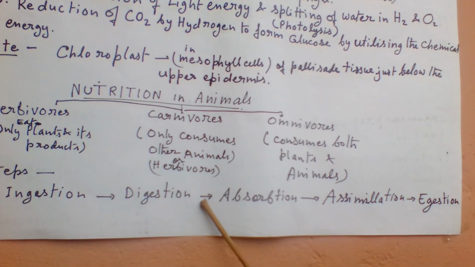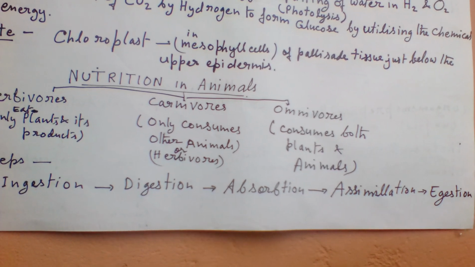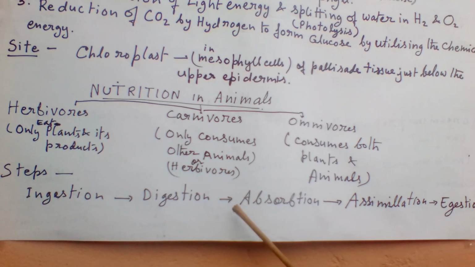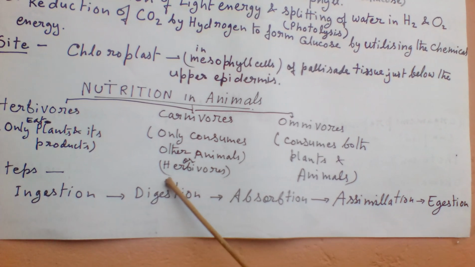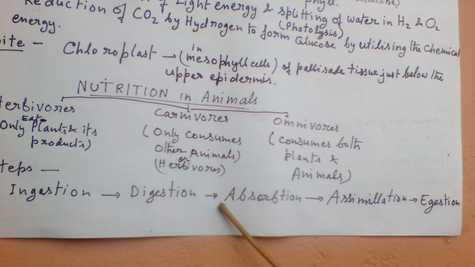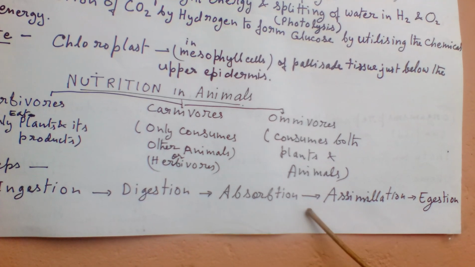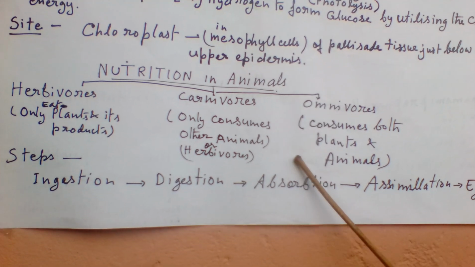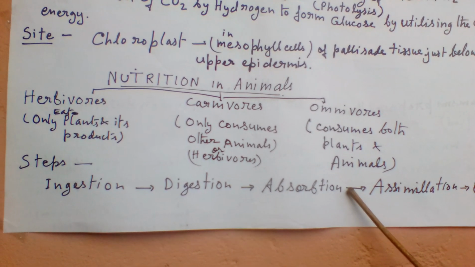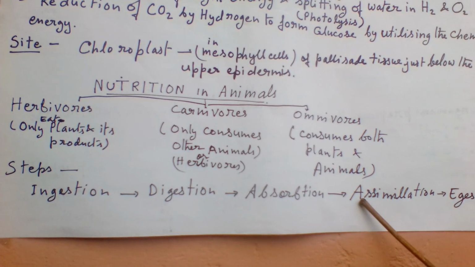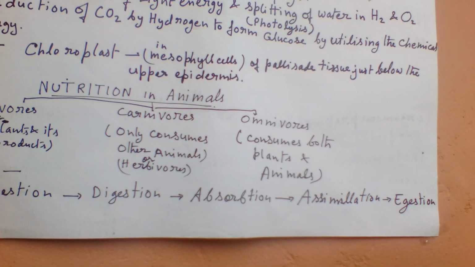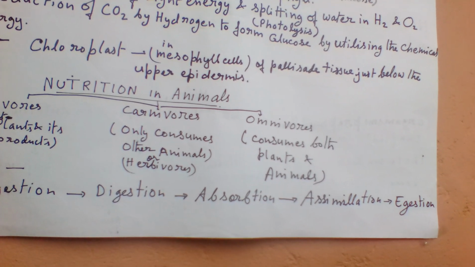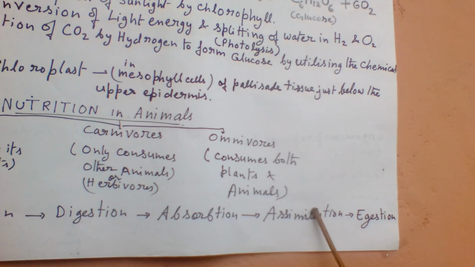In this, the complex food materials are changed into simple products, like glucose, and proteins change into amino acids. These are finally absorbed in the alimentary canal and are then ready to use. When they are utilized for various activities and other life purposes, it is called assimilation.